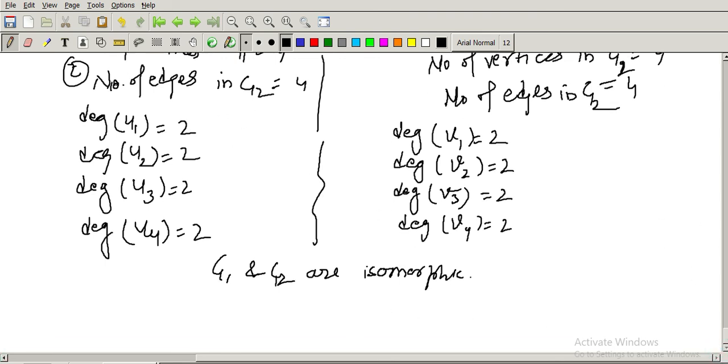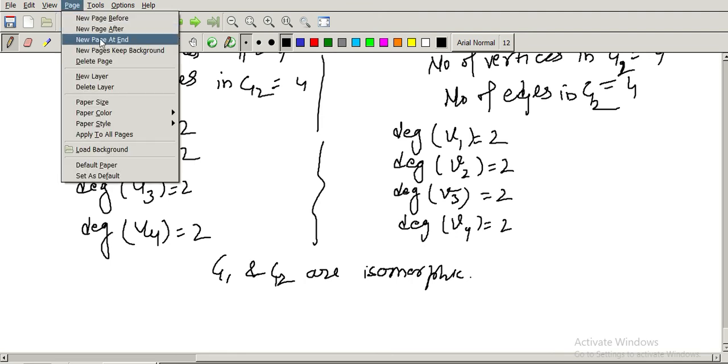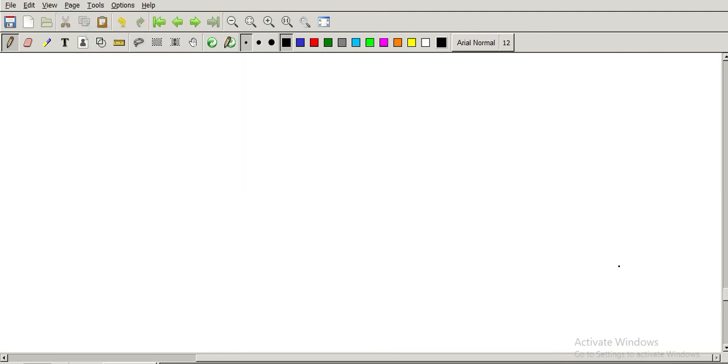So let me add another page here, right? Okay, now we have this graph. This is your graph, right? So we have this A, B, E, C, D, like that.